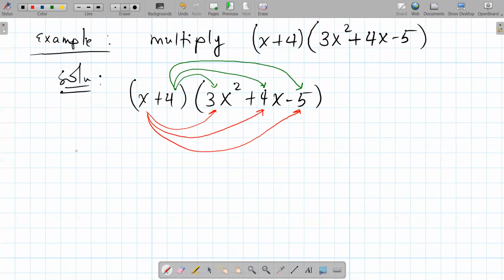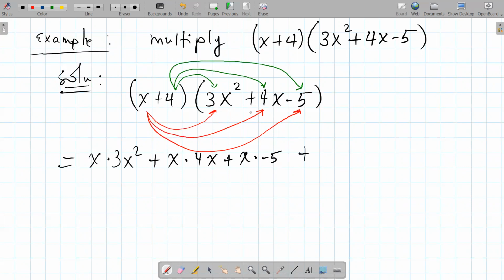Let's go. So here, I'm going to start with the red one, x times 3x², x times 4x, and then x times negative 5. I'm going to go to the 4.